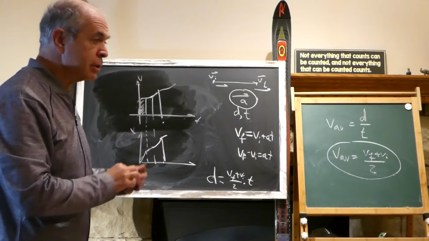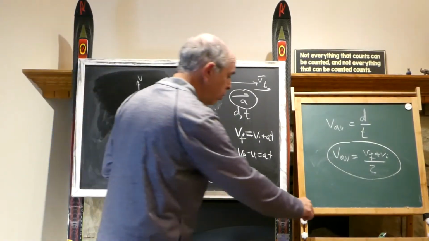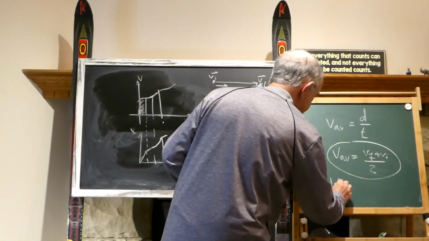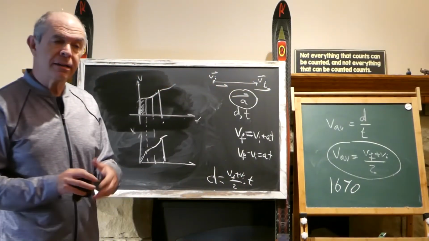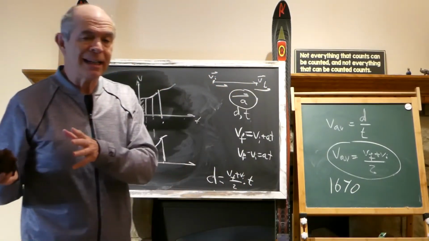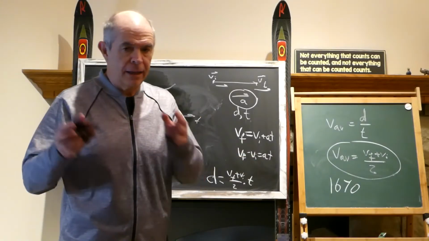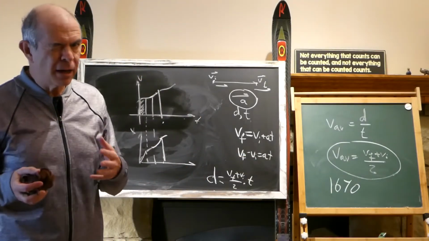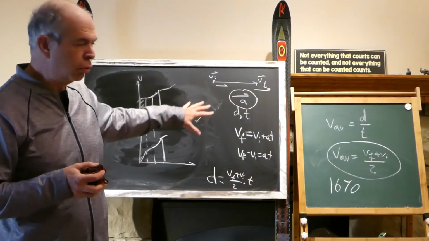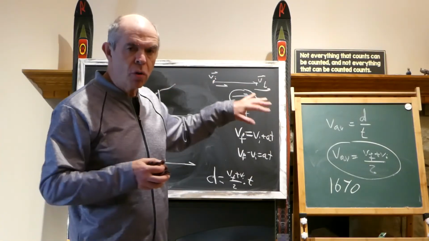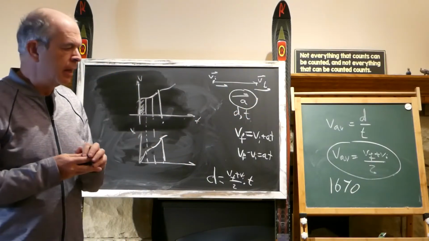And calculus was invented a long time ago, somewhere around 1670, in the 17th century, and there was Leibniz and there was Newton. Leibniz approached it from the mathematical point of view, and Newton approached it because he needed a tool for describing the motion and forces and everything in between.